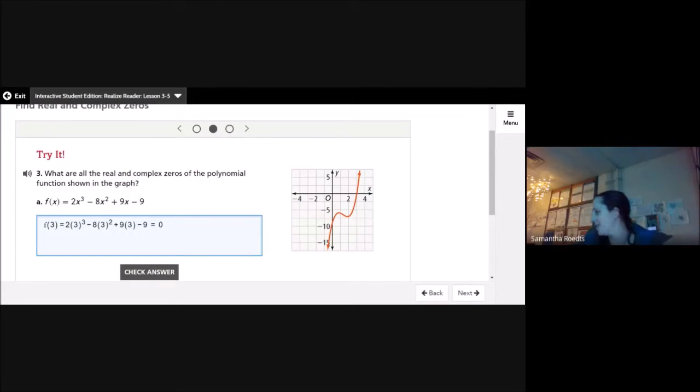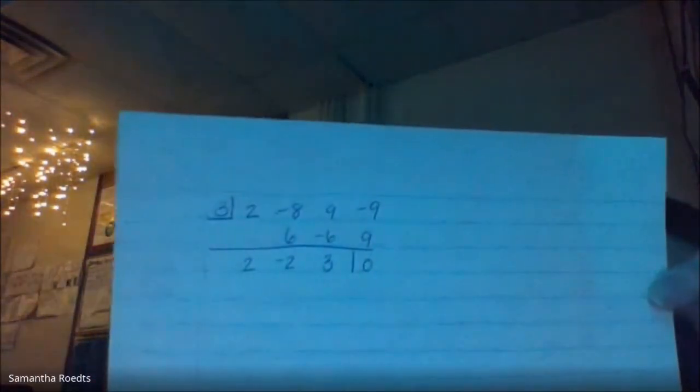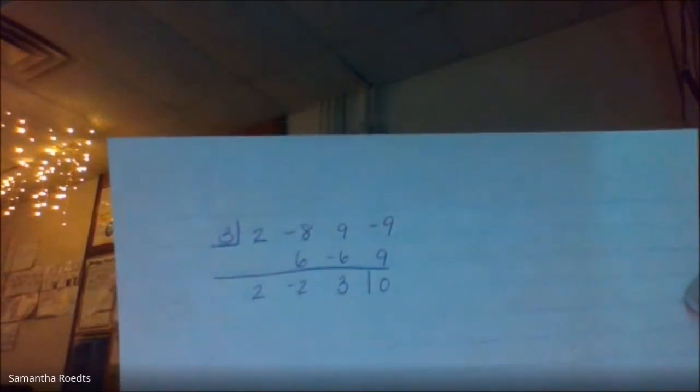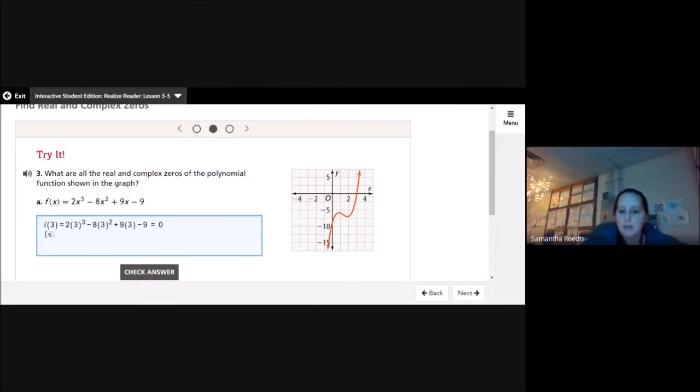I then use synthetic division. When I do synthetic division, that gives me x minus 3 times 2x squared minus 2x plus 3. Right, and then I need to use the quadratic formula. So negative b plus or minus the square root of b squared minus 4ac all over 2a.